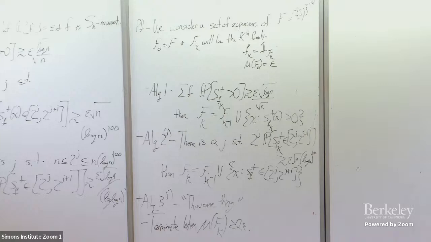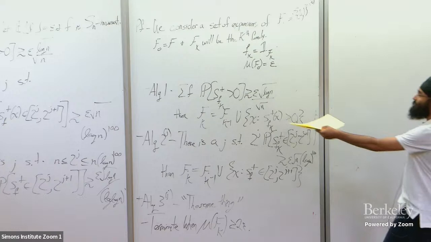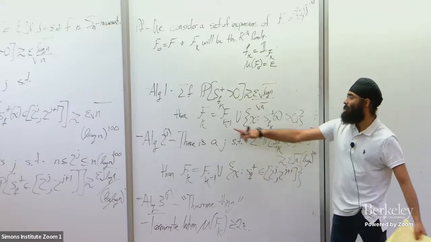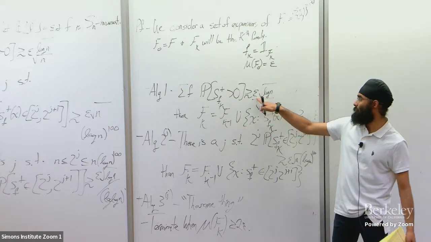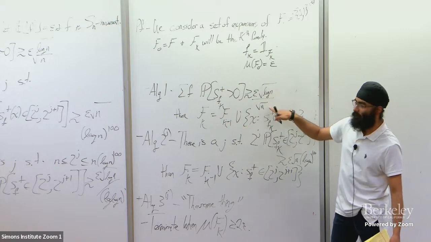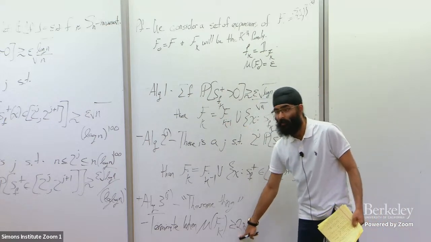Okay, so let's try to at least get some control on this algorithm. The way we're going to get control is we're just going to say, okay, how many times can you do each of these steps? That's maybe the first step. Alg1. Well, how many times can this run? Well, every time if this is true, the measure of the family went up by epsilon square root log n over n, and I'm trying to go to 2 epsilon.